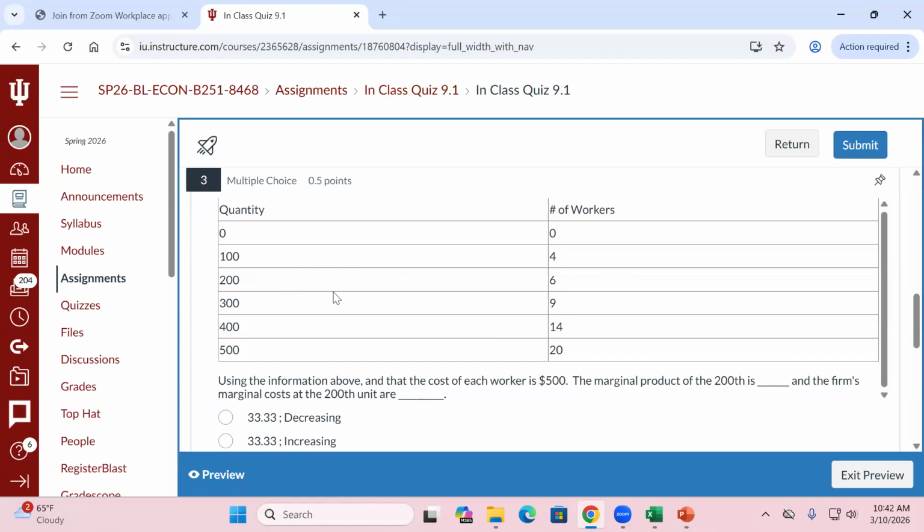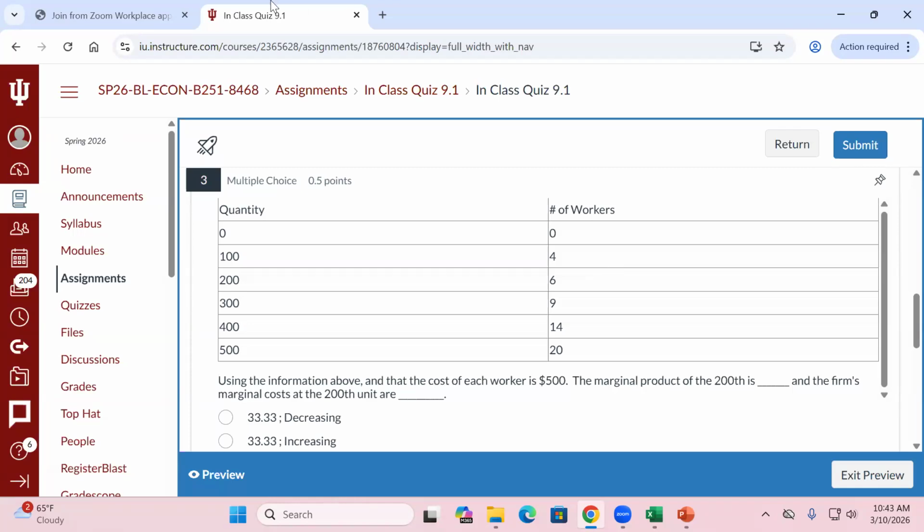Well, if I want to go from 100 to 200 units, how many additional workers do I have to hire? 2. So how do I calculate the marginal product of labor? It's the change in output divided by the change in the number of workers. So if I go from 100 to 200, the change in output is 100. The change in the number of workers is 2. My marginal product of labor is 50.